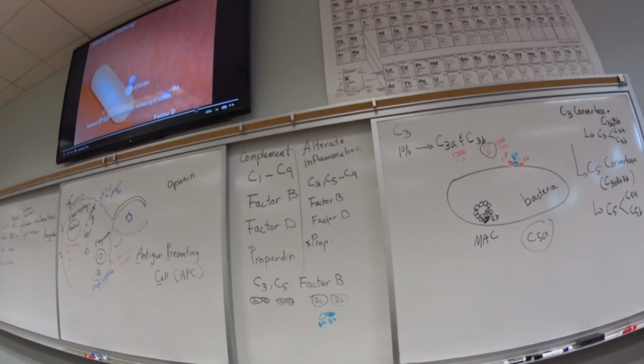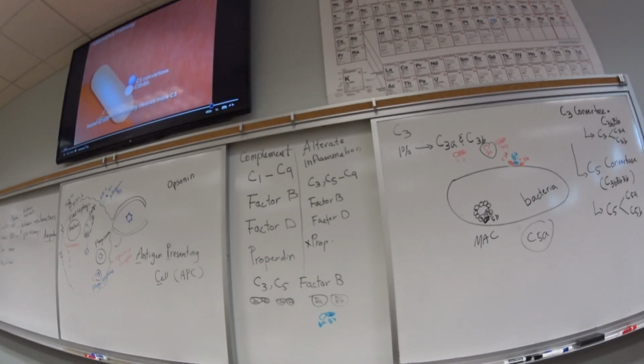So this is now C3 convertase. She's going to say it's analogous to C4b2b. That's classical stuff. Both structures, C4b2b and C3bBb, are called C3 convertase.